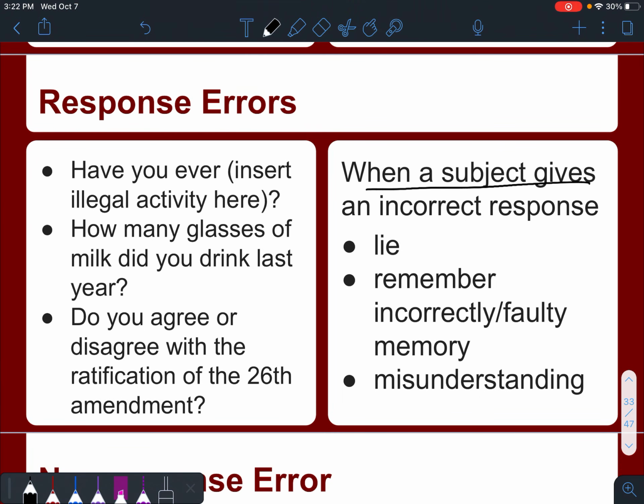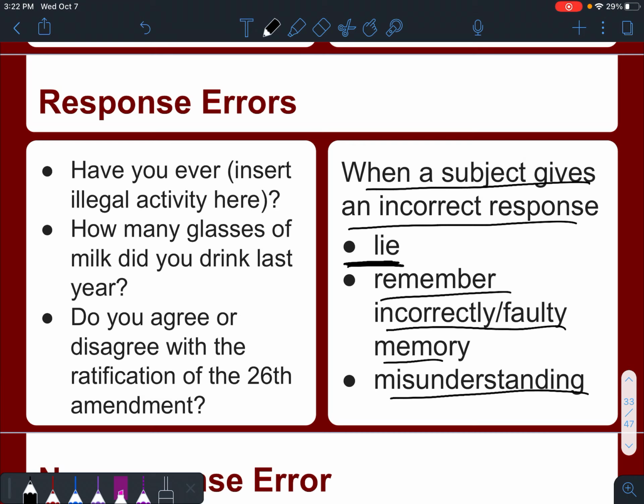Response errors are when a subject gives an incorrect response, whether it's a lie, whether they remember incorrectly or have a faulty memory, or they misunderstand the question. So if you were to go up and say, have you ever, whatever, insert illegal activity here, we might lie about what we're saying.